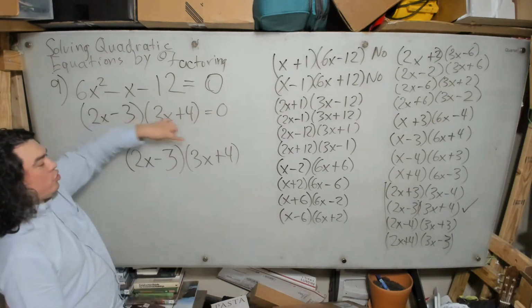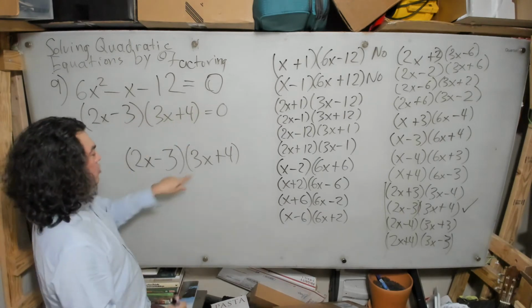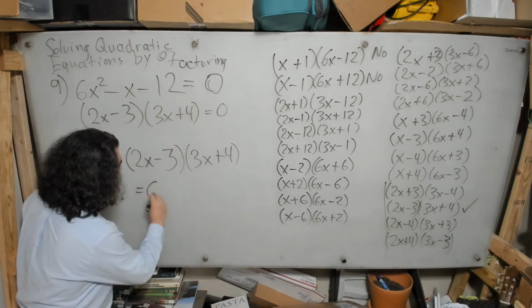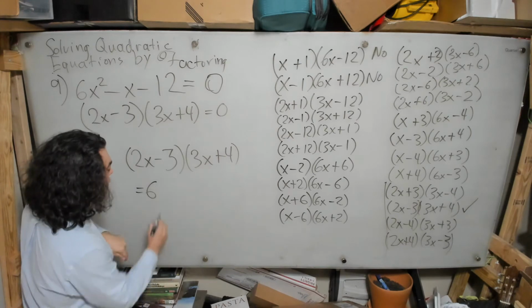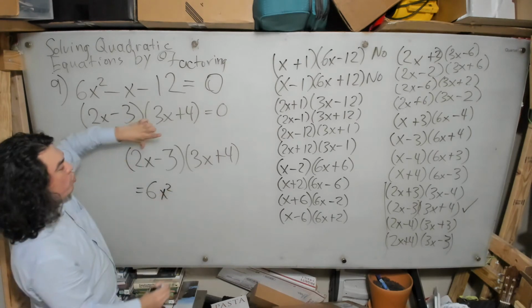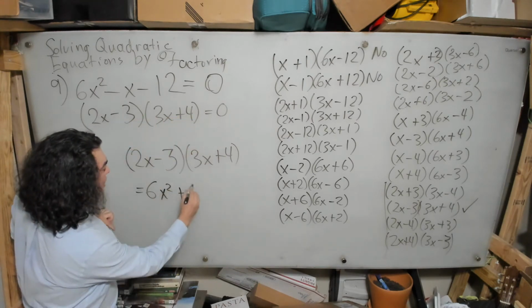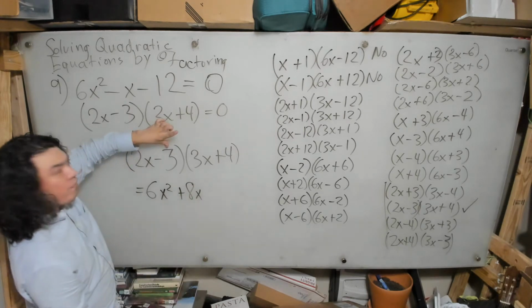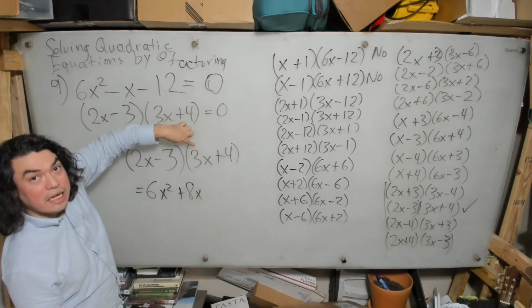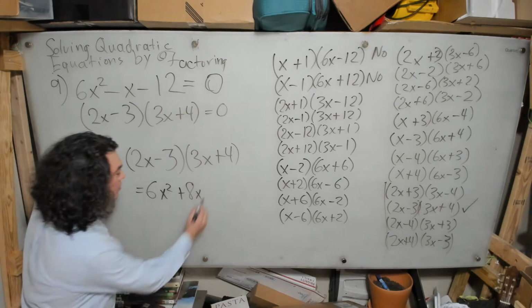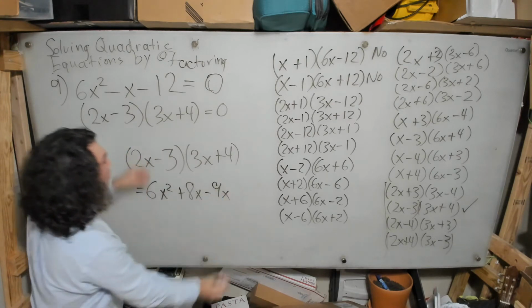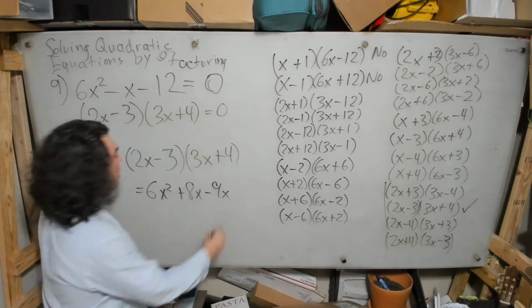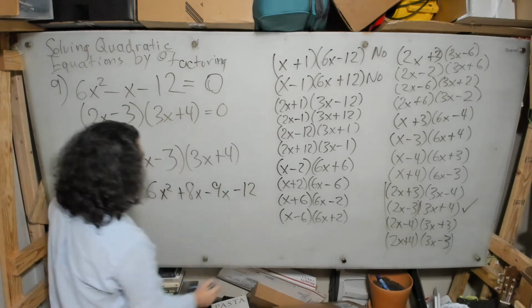I would multiply the 2x with the 3x. 2 times 3 is 6, and because I'm multiplying an x with an x, that's an x squared. 2x times 4, that's plus 8x. Negative 3 times 3x, that's minus 9x. Finally, negative 3 times positive 4, that's negative 12.